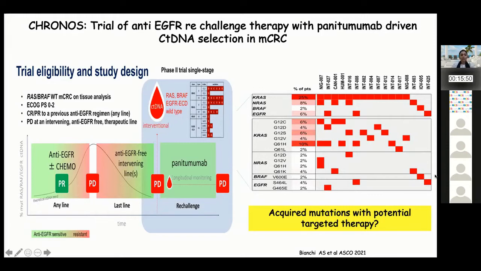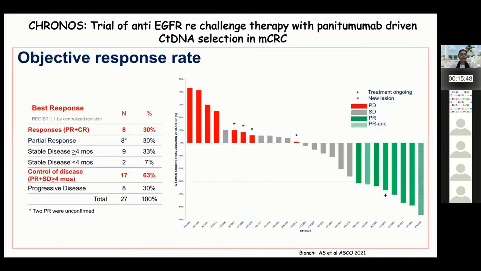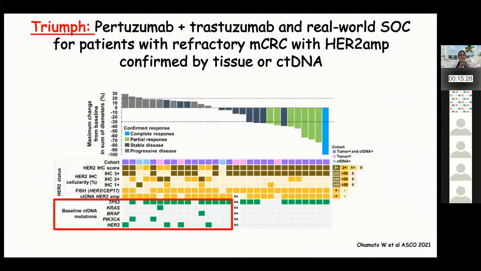Now, looking at those patients who did not develop a RAS mutation, these patients were treated with single agent panitumumab, and you can see a response rate of almost 30% and a disease control rate of almost 63%, suggesting that if you pick and choose your patients, you can re-challenge these patients with an anti-EGFR agent.